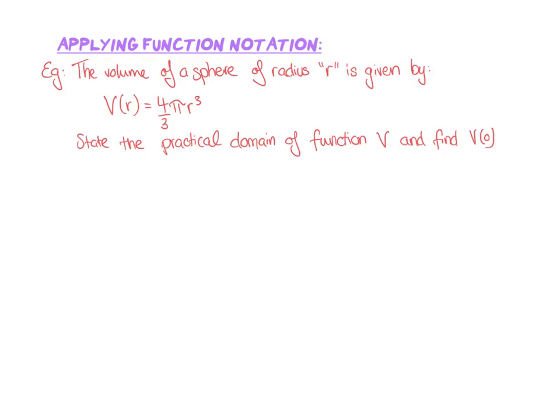Okay, in this chapter, we're just applying function notation, so some more application questions. If we look at this example here, the volume of a sphere of radius r is given by the formula v. So the function of v in terms of r is equal to 4/3 times pi times r to the power of 3.